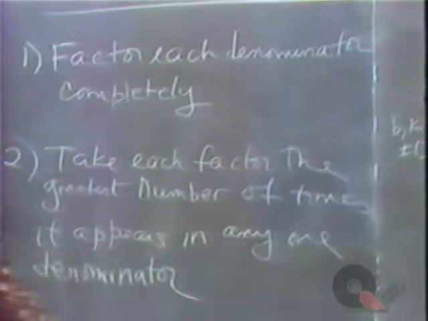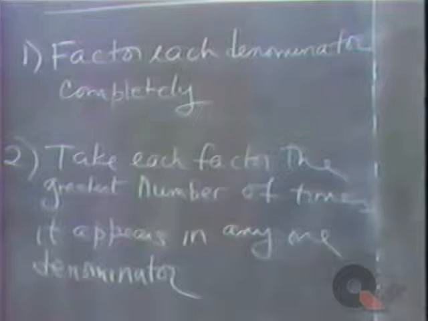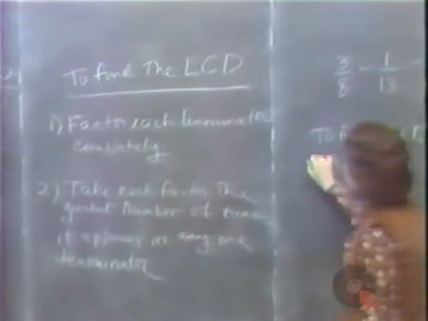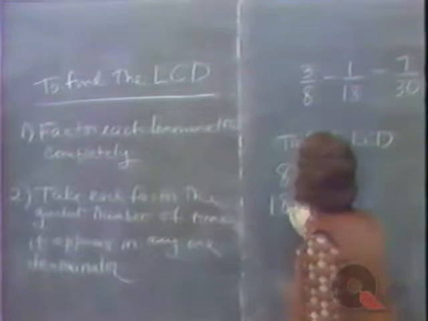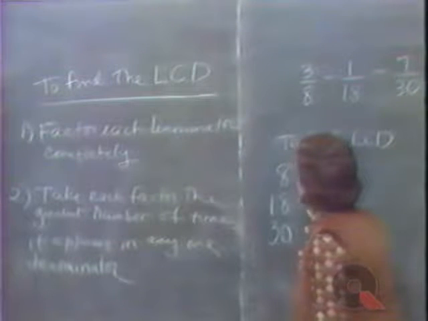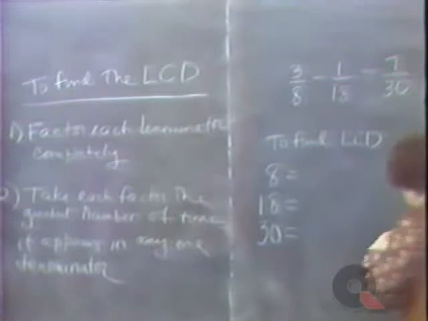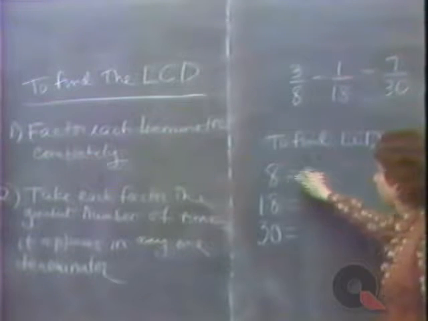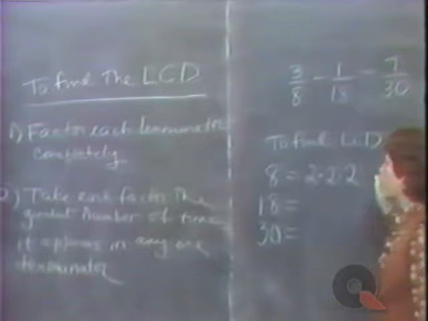Let's look at the problem that we have over here. We have 3 denominators. This is to find the LCD. First of all, we'll take our 3 denominators, 8, 18, and 30, and factor each denominator completely. For constants, it means taking it down to prime factors. 8 can be written as 2 times 4, but then 4 can be written as 2 times 2.